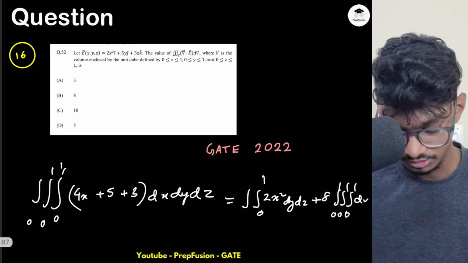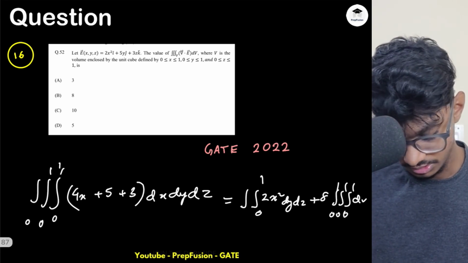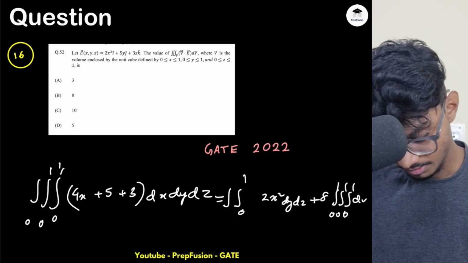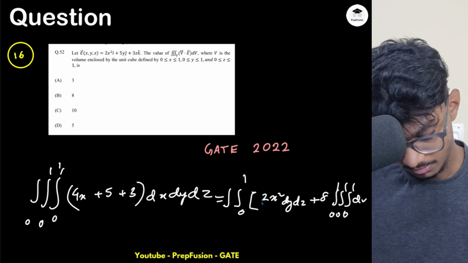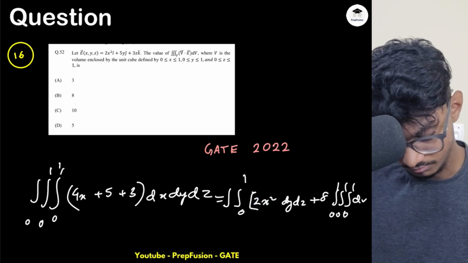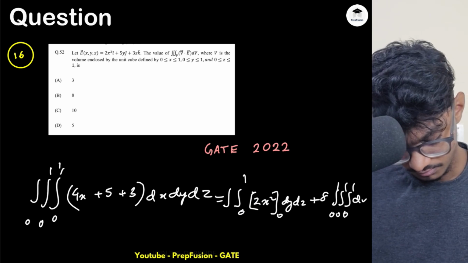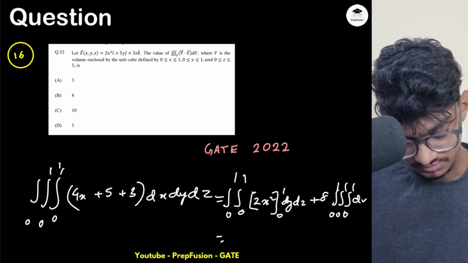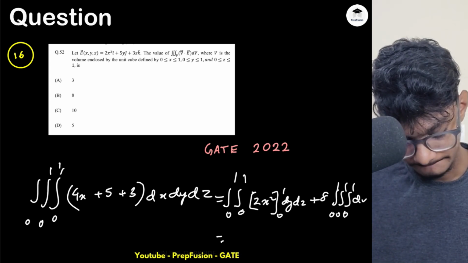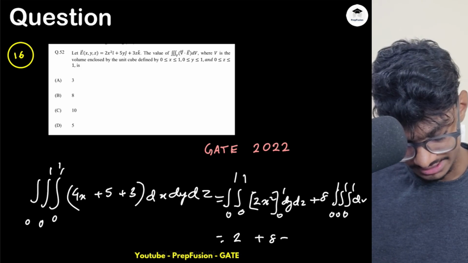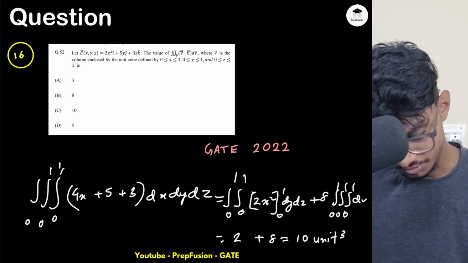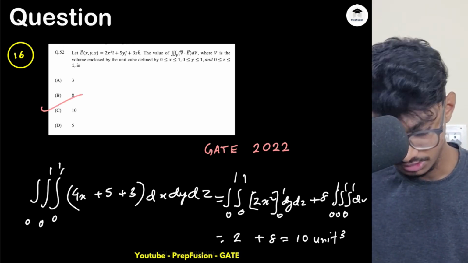X is going from 0 to 1. So this value will be 2. Okay, so 2 plus 8 will be simply 10. 10 unit cube. So option C will be the correct answer.